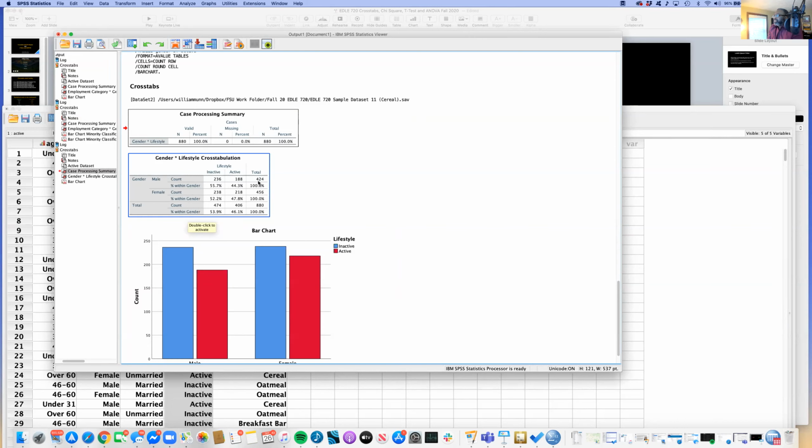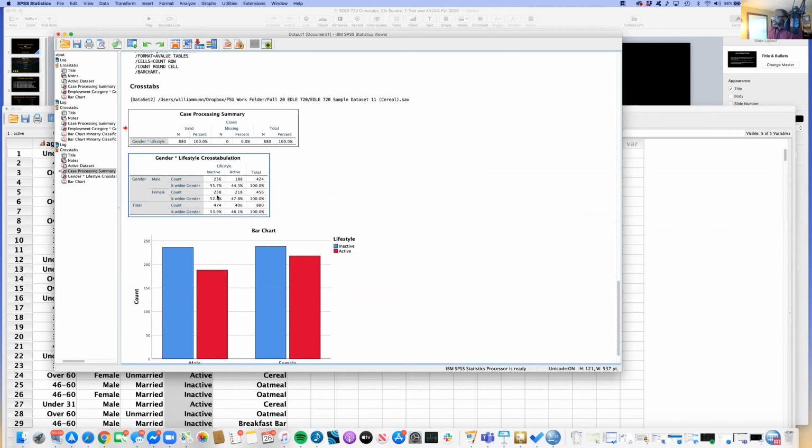We don't have to divide 236 into 424. It goes ahead and gives us the percentage inactive for males, 55.7, right? Same thing with females. If we want to find out what percentage of females were inactive, we don't have to divide 238 into 456 and multiply by 100.